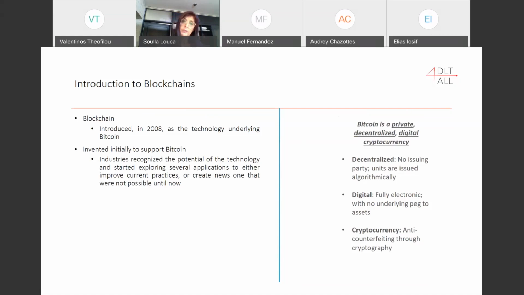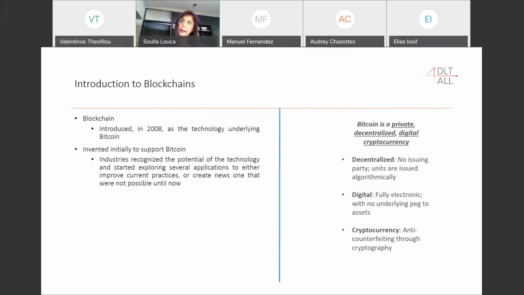Soon afterwards, industries recognized the potential of the technology, and they started exploring several applications for improving their current practices in terms of processes that they were using in their organizations, or creating new ones that were not possible until then.